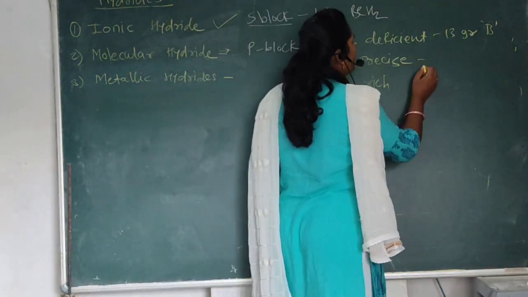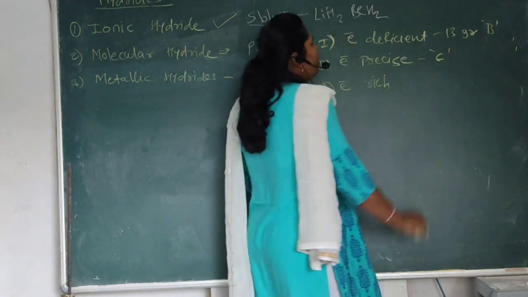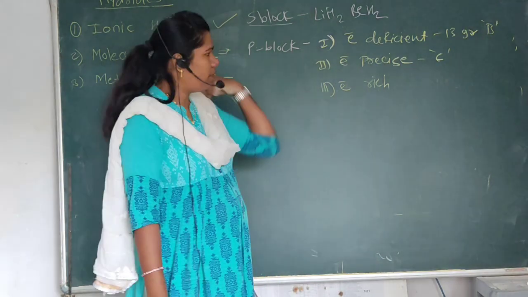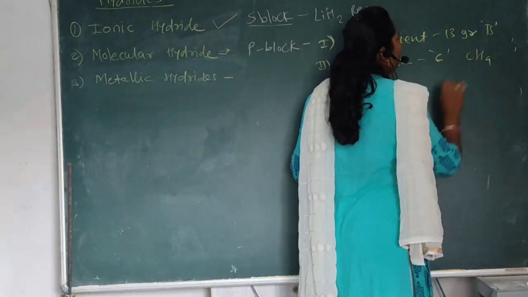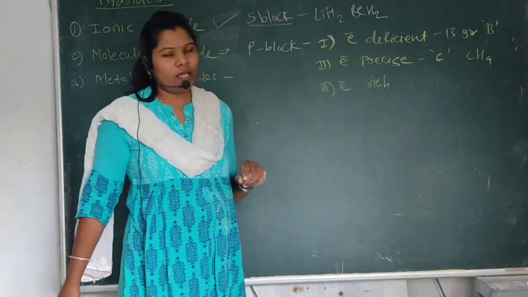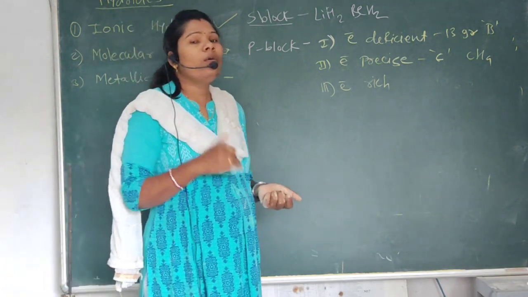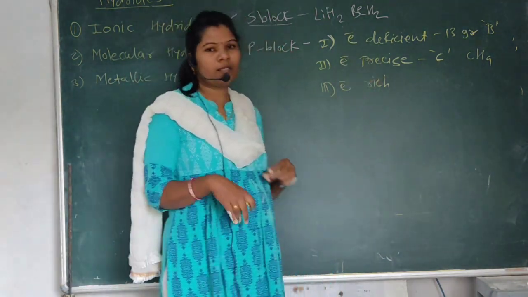Whenever hydrogen is reacted with the carbon family, the molecule which is formed is called electron precise hydride. Why is it called electron precise? Whenever we prepare this structure, there is no extra electron, or no low number of electrons present. That's why it is known as electron precise hydride.